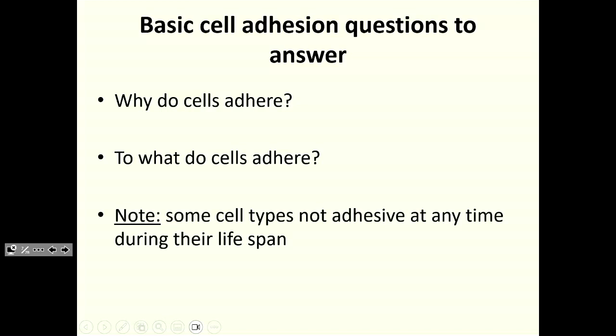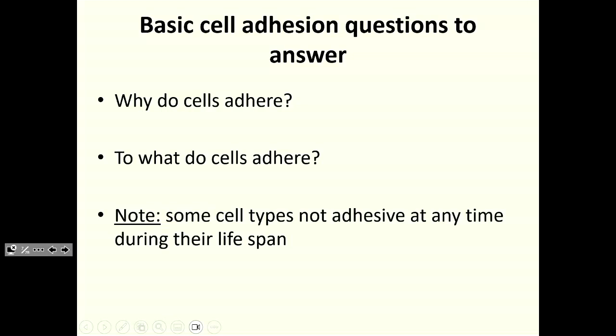Some types of cells are not adhesive at all during their lifespan, at least not in a normal lifespan. Example? Our blood cells, erythrocytes, even white blood cells, okay? They're not supposed to. What would happen if our red blood cells, for example, started sticking to the folks next to it running through the blood vessels? Blood clots, for example, block up vessels, causing us to get a stroke, what have you.